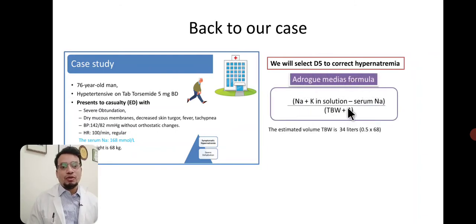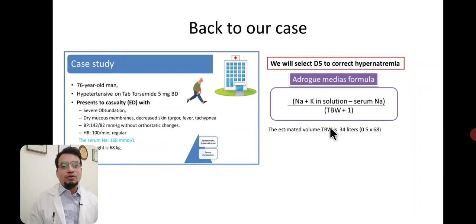This is a very good formula to estimate the drop in sodium per liter of infusate. Whatever infusate we are using, the sodium and potassium value of that infusate will be here, minus the current serum sodium, upon total body water plus 1.